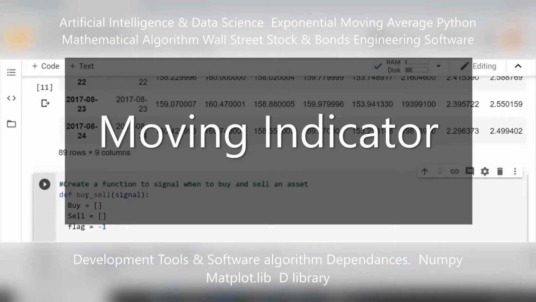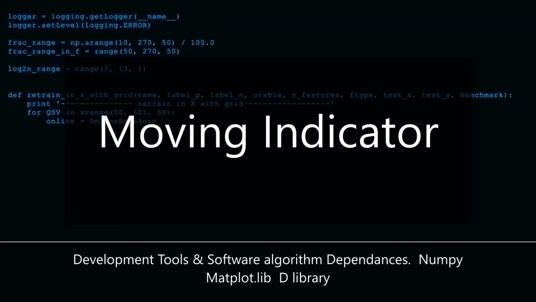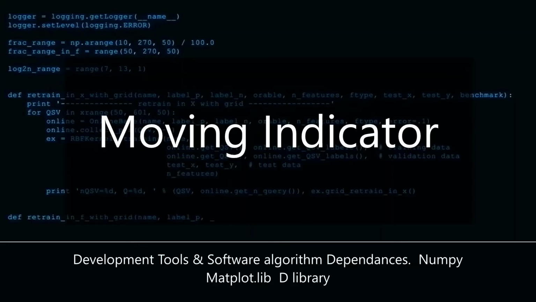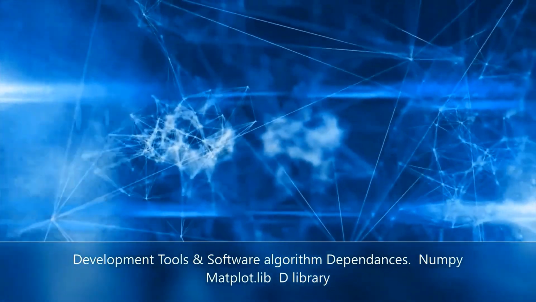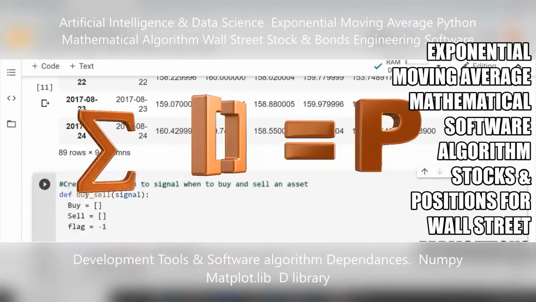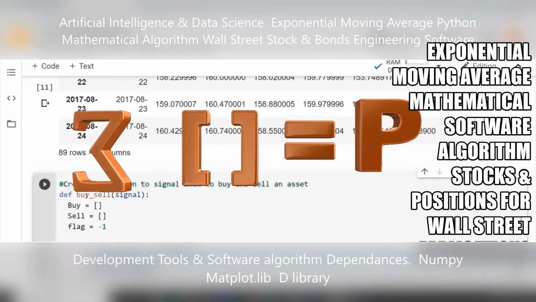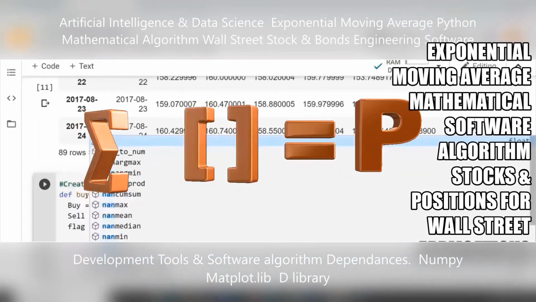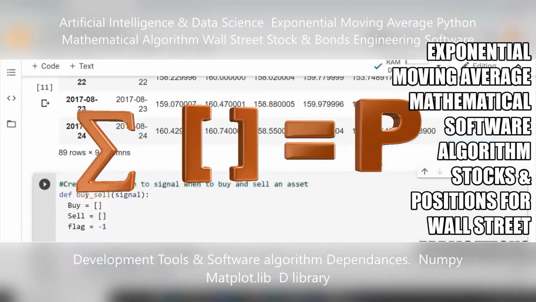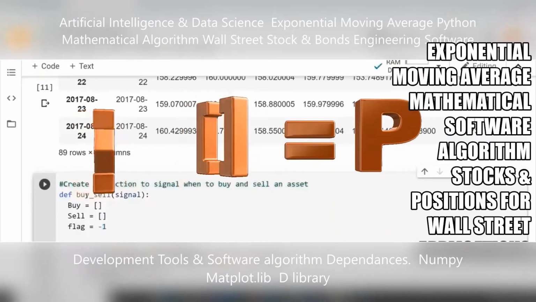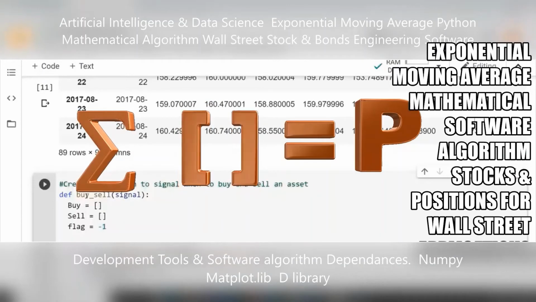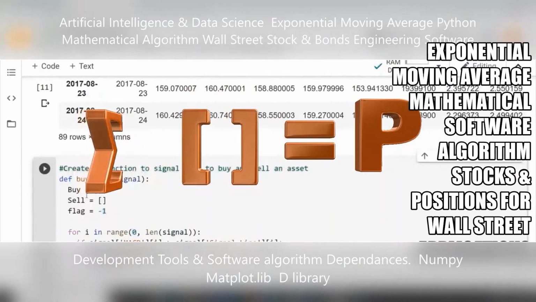The exponential moving average, EMA, is a type of moving average that places a greater weight and significance on the most recent data points. So the exponential moving average is also referred to as the exponentially weighted moving average.